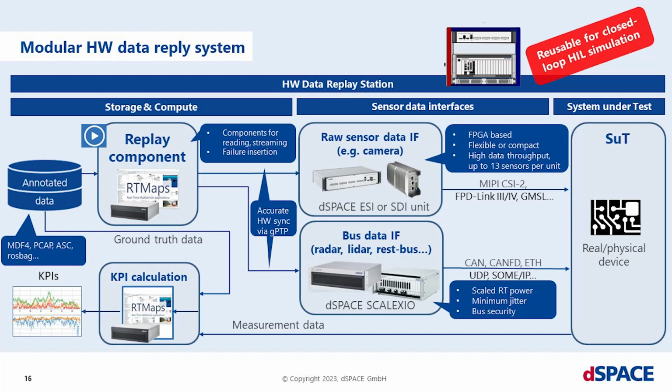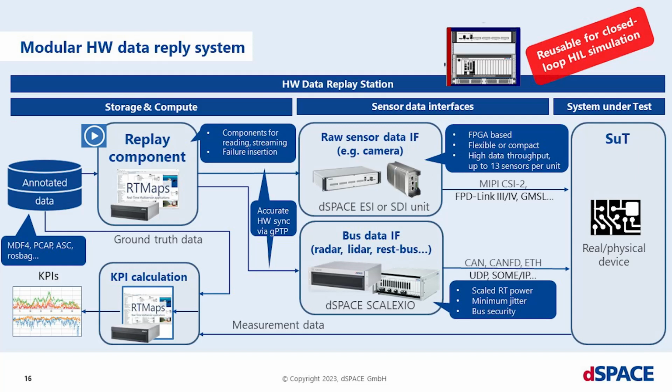The bus injection hardware feeds the data with minimum jitter via CAN, Ethernet, FlexRay or LIN, and the performance can be exactly tailored to customer needs. Depending on required replay protocols like UDP or SOME/IP and the bus security level, different SCALEXIO real-time hardware can be used.